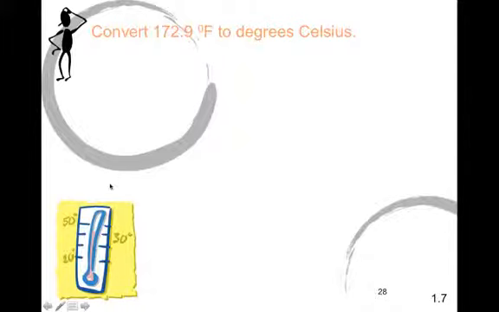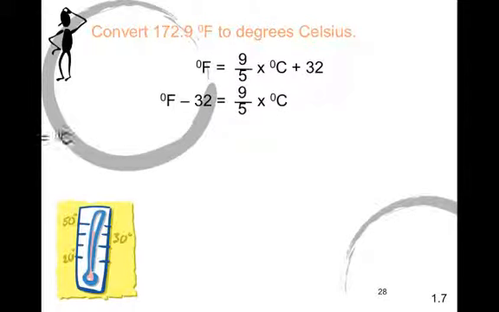So we're converting 172.9 degrees Fahrenheit to Celsius. That gives us our equation here. I think it's going to rearrange it like what we just did. So we'll take 172.9 and subtract 32 first, and then multiply by 5/9.